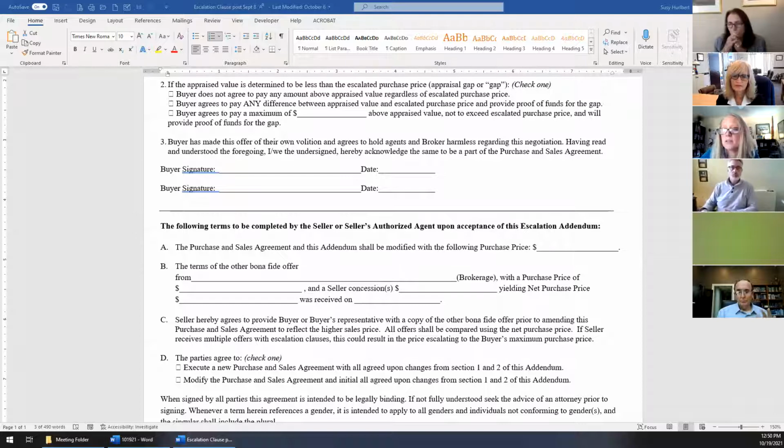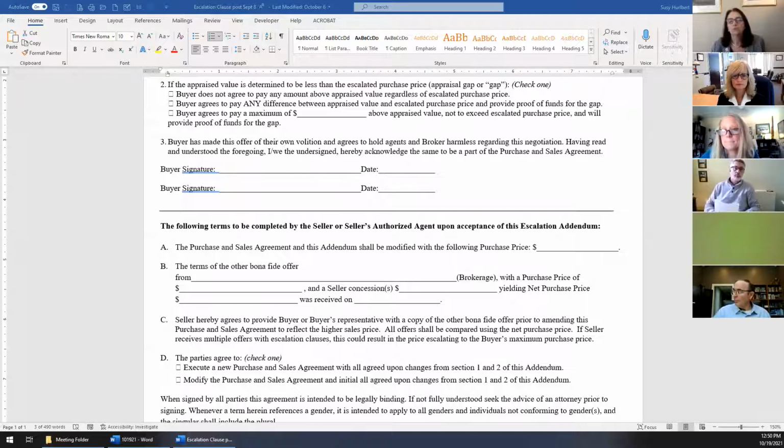Let's say you're looking at 2 escalation clauses. Escalation clause 1, their offer starts at 80, and they max at 100. That's their escalation max.